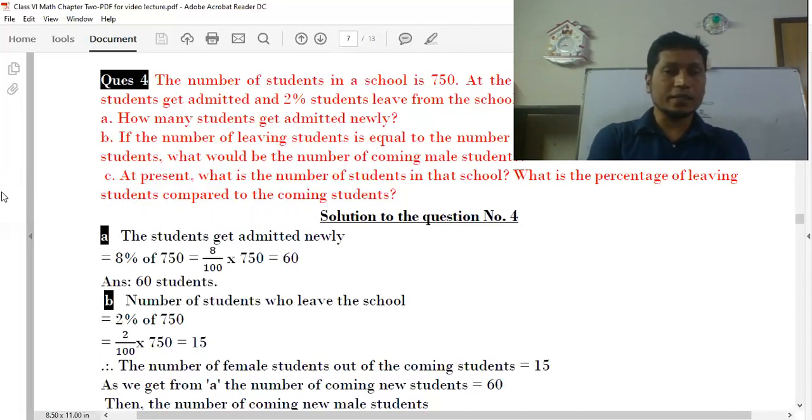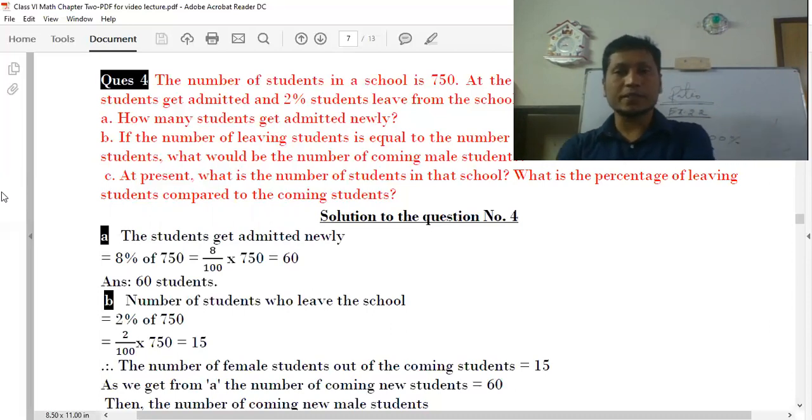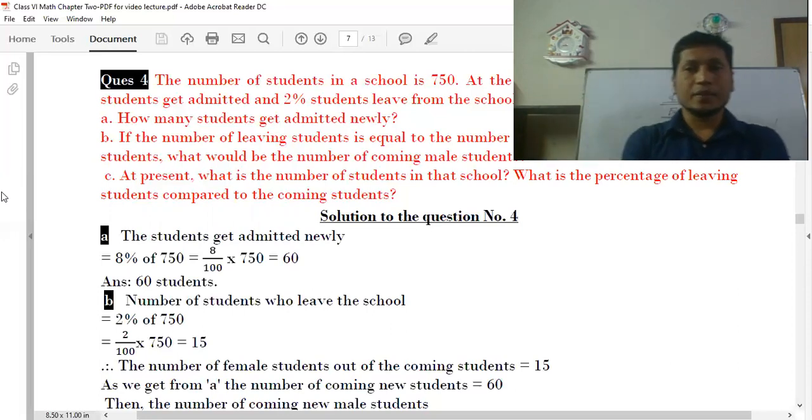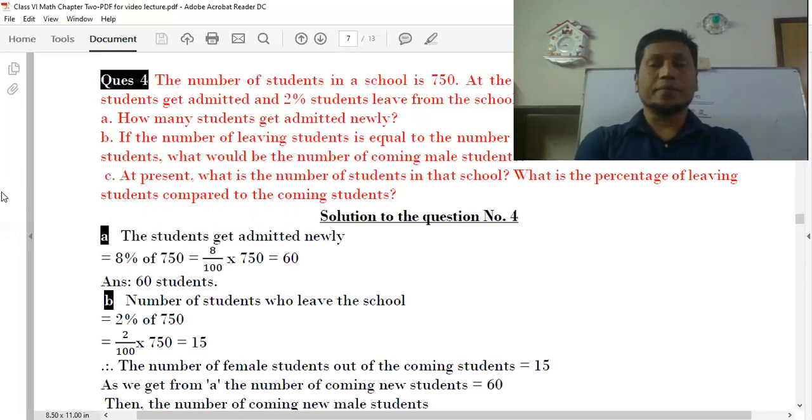What does it say? Again, I am reading. If the number of leaving students is equal to the number of female students, that is, we have to know how many students left the school, and it will be equivalent to the female students of the coming students. That is, among coming students, boys and girls, we will get the number of female students. Okay.